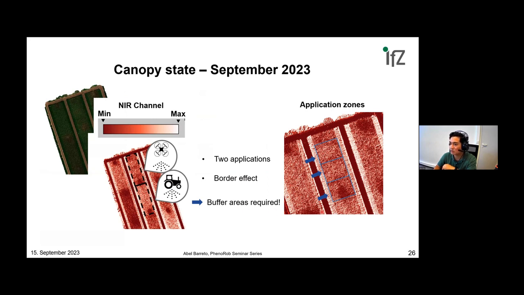And yeah, we can observe that there is more damage in the borders of the polygon, and the canopy still is as good as the uniform application. So probably when we are flying with the drone or applying site-specific application, are the buffer areas really crucial? And this is something that we have to see for the next years.